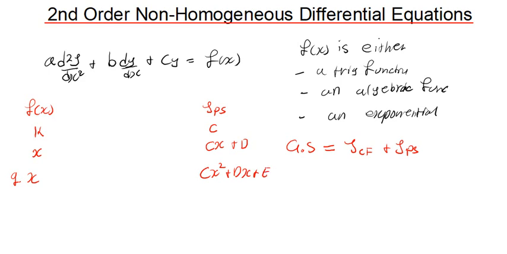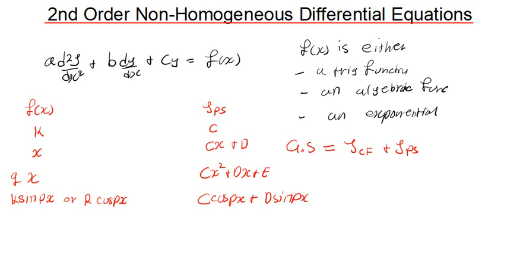Then what if it's a constant multiplied by sine px, or another constant, let's say r, times cos px? The particular solution is going to be c cos px plus d sine px.